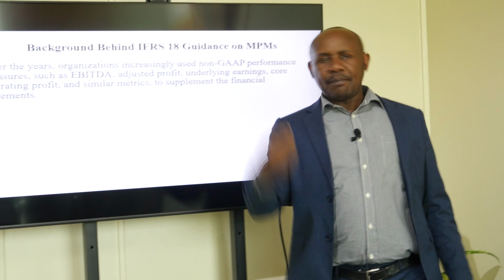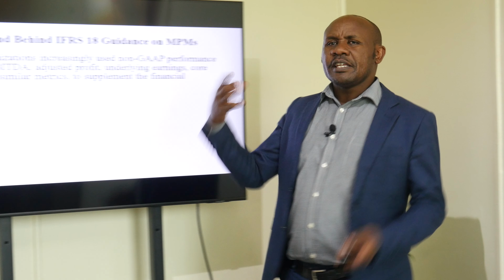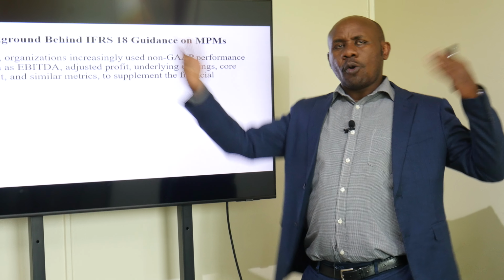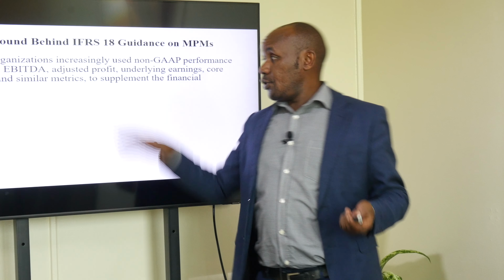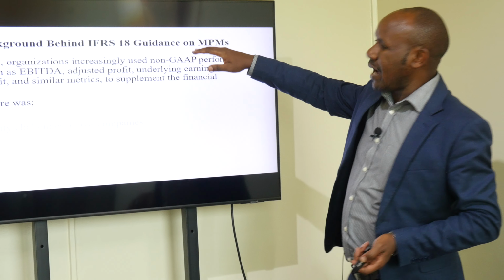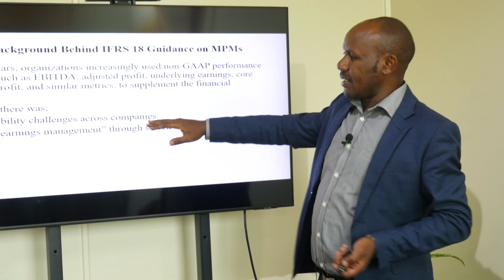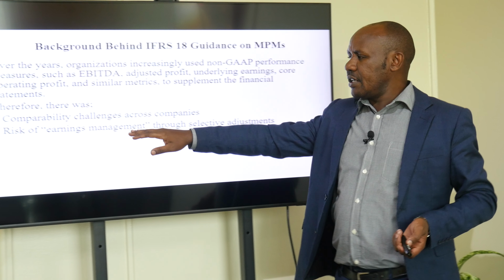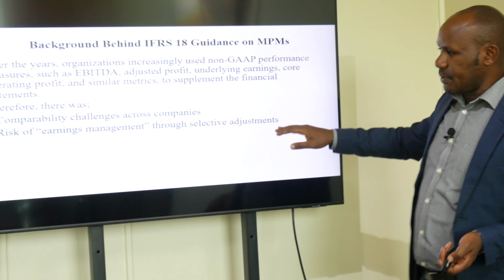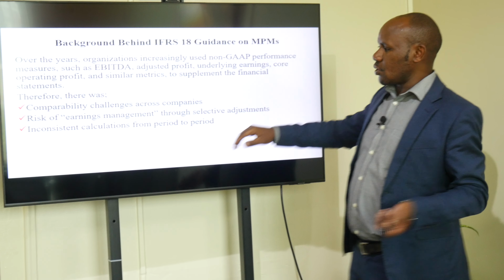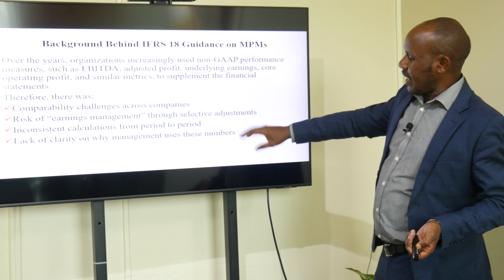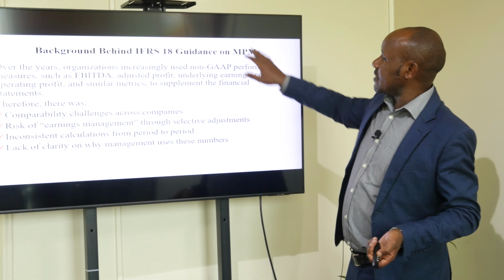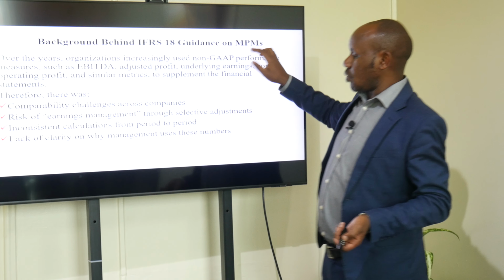So it becomes very hard to compare from firm to firm, industry to industry, when you're using non-GAAP measures which are not explained. So IFRS 18 comes to cure that. There were comparability challenges, risk of earnings management through selective adjustments. There were inconsistent calculations from period to period. So that is what IFRS 18 captures and cures in terms of guiding us on MPMs.